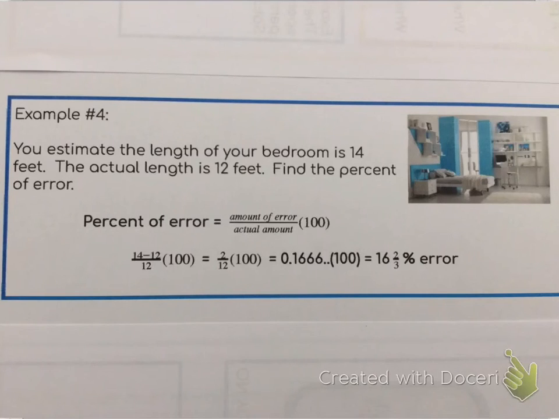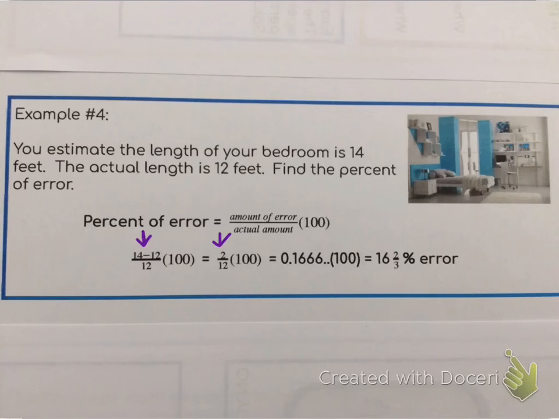Okay, so you're going to use the amount of error, which is 14 minus 12. Okay, what you thought it was 14, but the actual is 12, so you subtract 14 minus 12. And then that gives you 2. And you're going to divide that by the actual amount, and the actual amount of the bedroom is 12. So you divide it by 12. 2 divided by 12 is 0.1666 repeating.